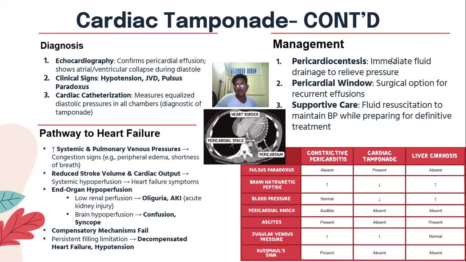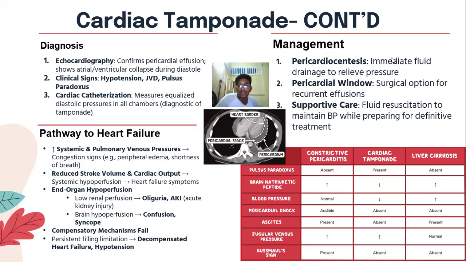With the ventricle's inability to fill adequately, systemic and pulmonary venous pressures rise, producing signs of congestion. Systemic venous congestion manifests as jugular venous distension, which we just talked about, and peripheral edema, if the tamponade develops slowly over time, that is. The pulmonary congestion can lead to shortness of breath and, in severe cases, pulmonary edema.